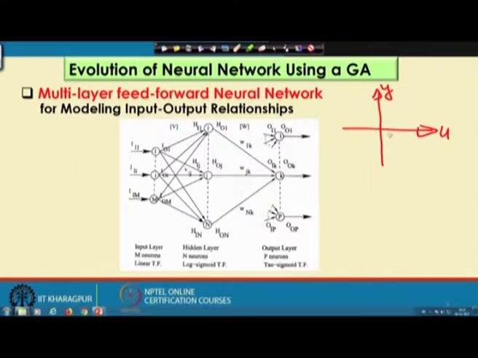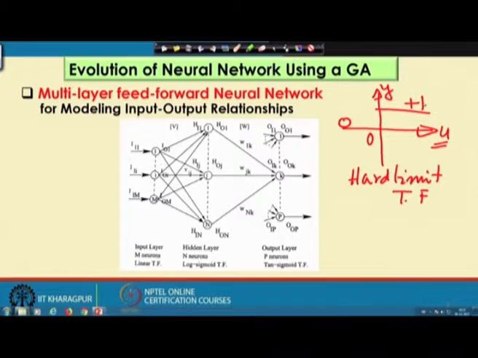The hard limit transfer function is such that if the input u is greater than 0, then the output will be 1, and if it is less than or equal to 0, the output will be 0. So, here the output is either 0 or 1. There are two outputs, either 1 or 0.